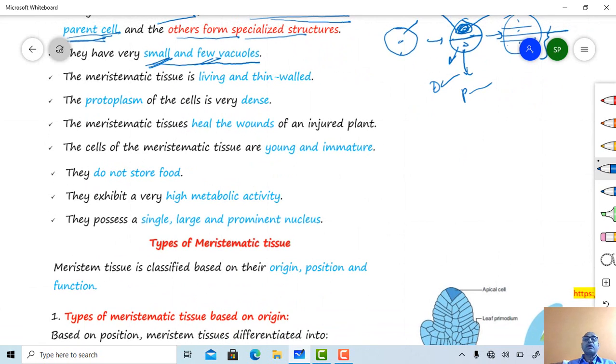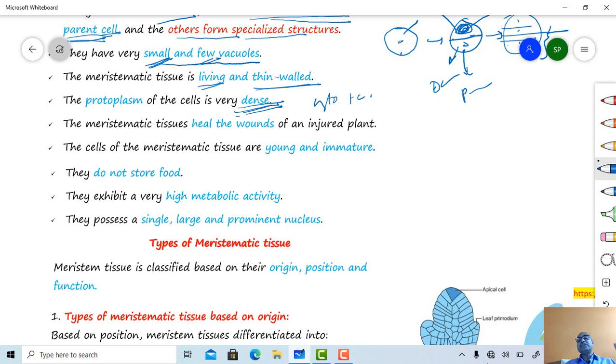Meristematic tissue is living, as this tissue contains living protoplasm, and generally the cell walls are very thin. Protoplasm which is present within a cell is very dense. What is protoplasm? Cytoplasm plus cell organelles is protoplasm, and it is very dense.